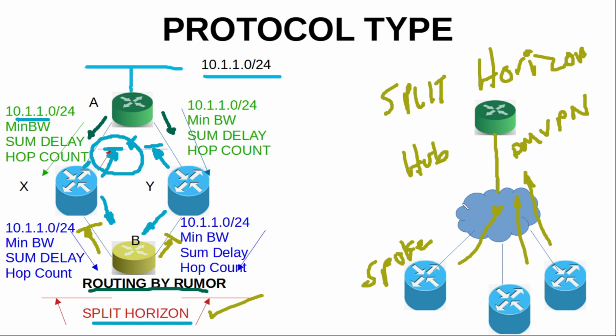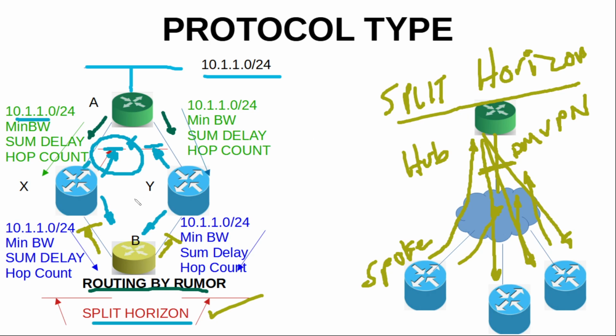So in these cases, split horizon becomes an issue because the update coming from this router arrives to this hub, but if we allow split horizon to operate on this interface, this hub will not be able to transmit these same updates to the other spoke routers, because split horizon will not provide permission to do so. So in certain network designs for EIGRP, we have to disable split horizon.